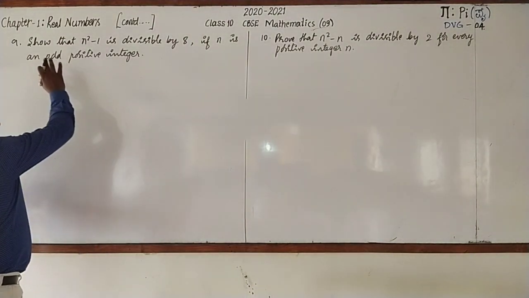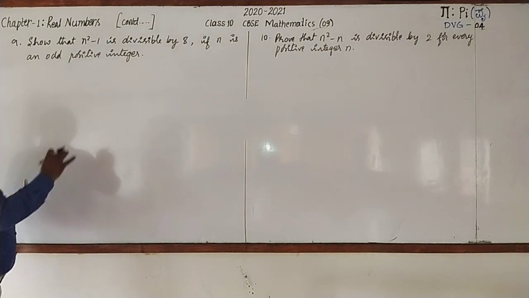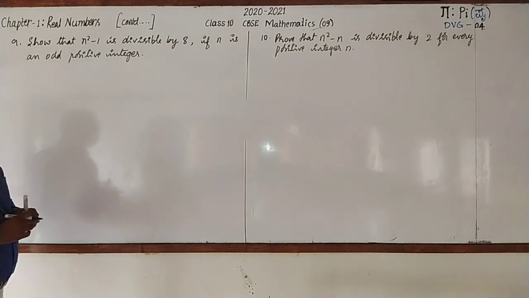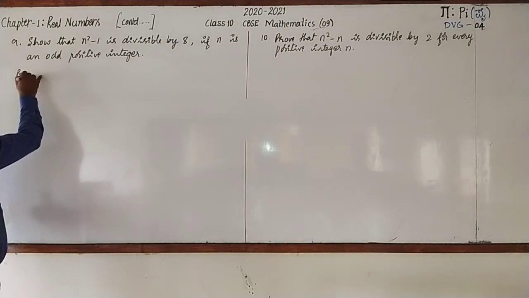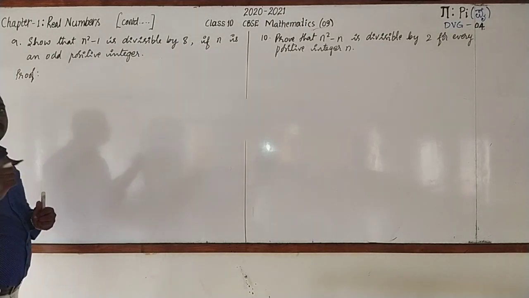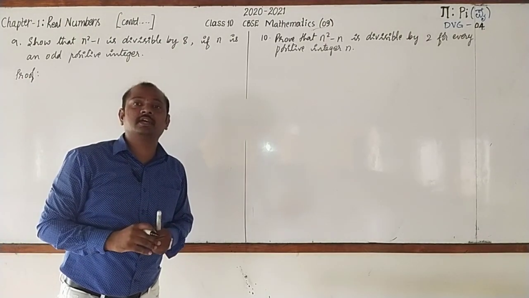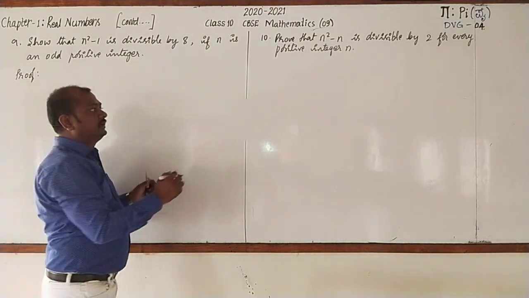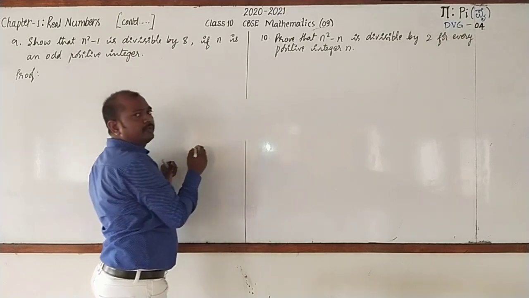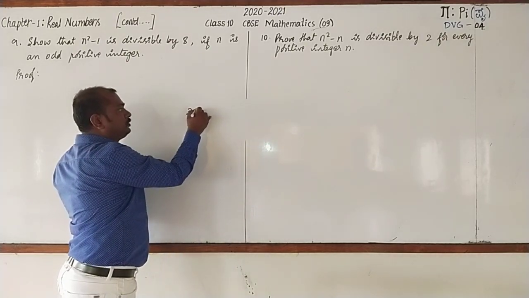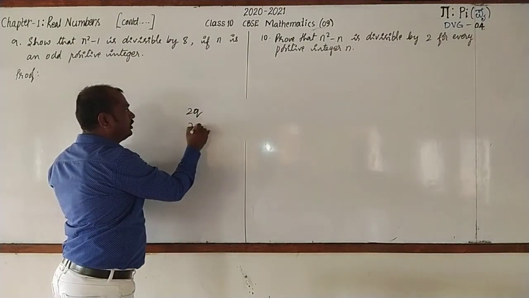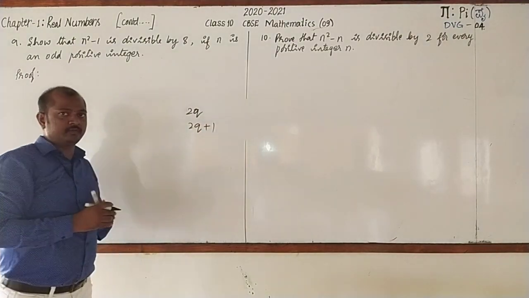Observe. Show that n square minus 1 is divisible by 8 if n is an odd positive integer. Let's go for proof. Then how do you write the odd positive integer? Yes, in general we go for writing even as 2q, odd as 2q plus 1, right?